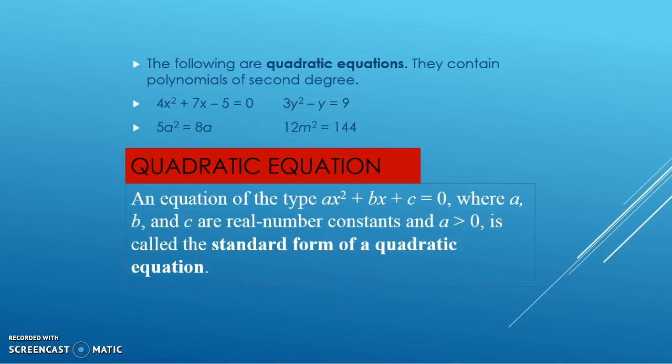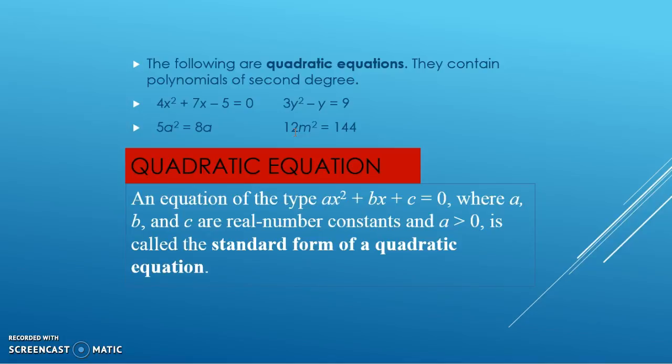So it's got something squared in it. You can see how it could have an x squared, a y squared, an a squared, an m squared. Doesn't matter as long as it's got a square symbol in it. And as long as the number in front of that squared variable is not 0, it's greater than 0. So that's considered the standard form of a quadratic equation.